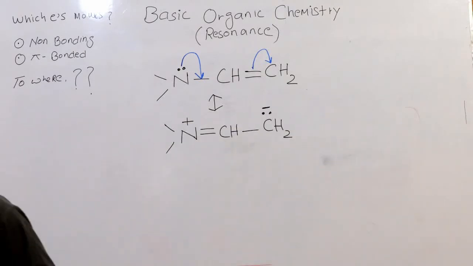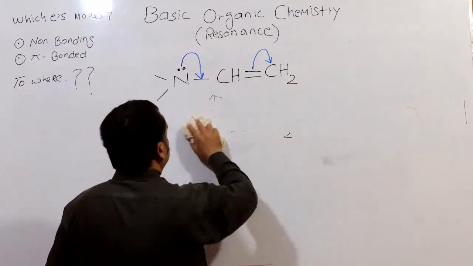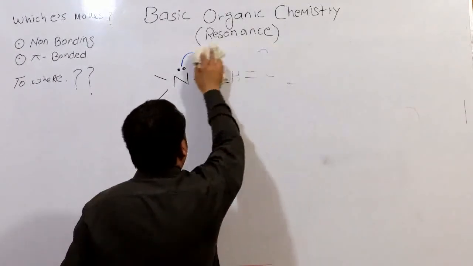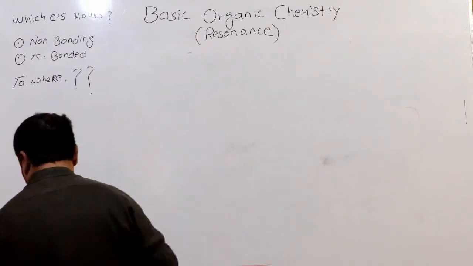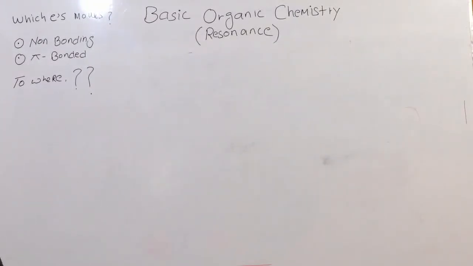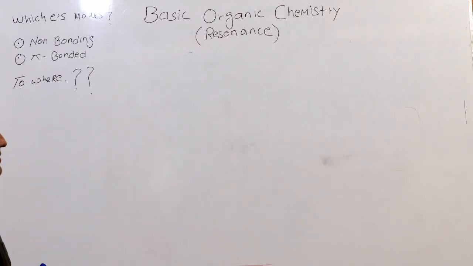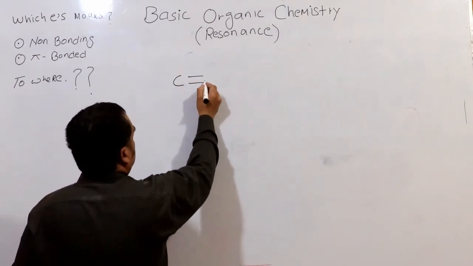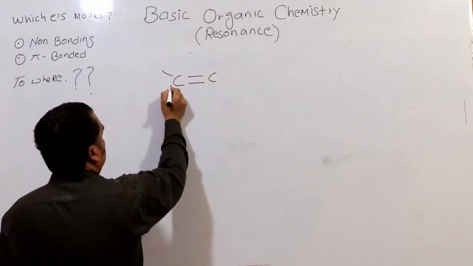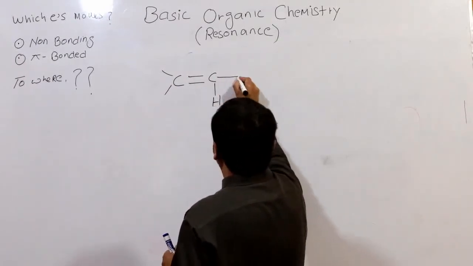Okay, now there is another thing: suppose you have a double bond in conjugation, meaning a single bond separating the two pi bonds, with a triple bond.